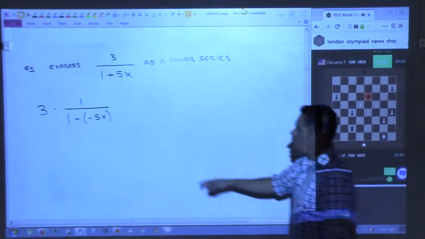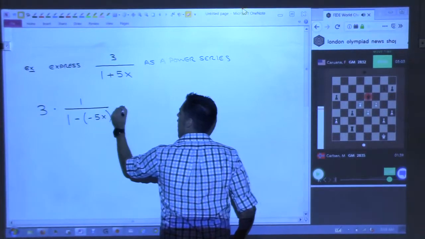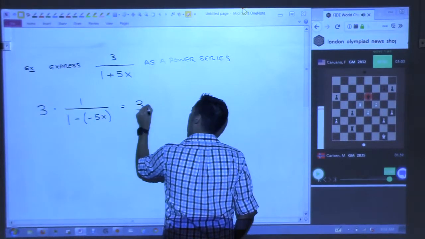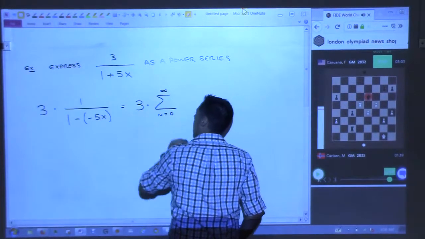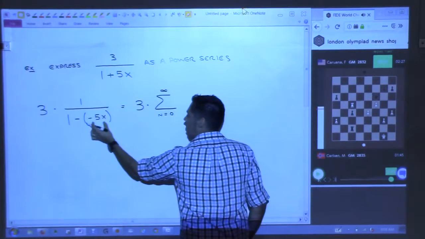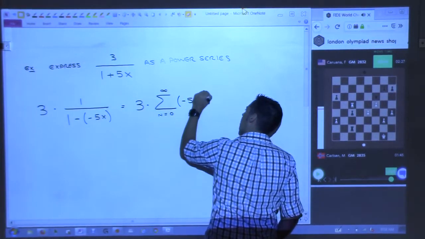And now, does this look like 1 over 1 minus u? Yes. So this should be 3 times the sum, n equals 0 to infinity, of whatever it is that's here, right? Which is negative 5x, the whole thing, to the n.